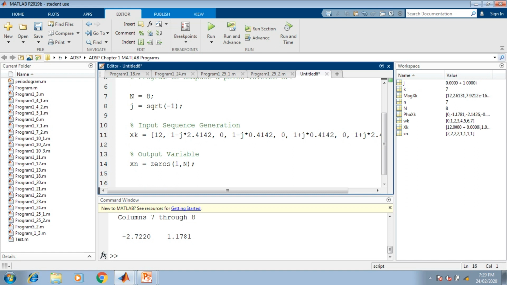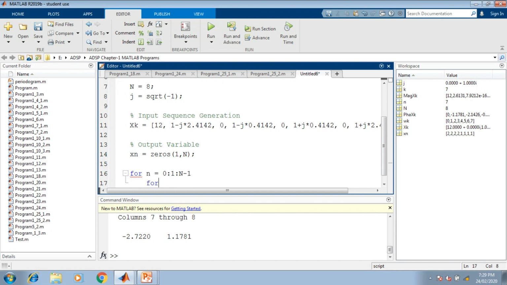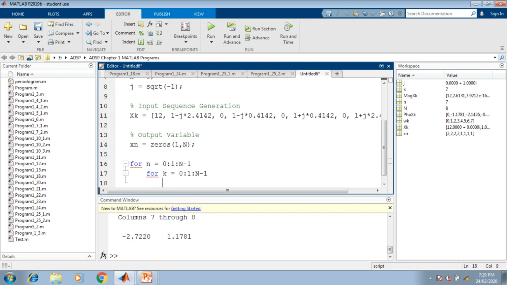For that purpose, as we have done for the direct Fourier transform DFT, we have for loops. We have the intermediate variable n that is initiated at 0 with the interval of 1 up to capital N minus 1. We nest another for loop inside where we have small k initiated again at 0 with intervals of 1 up to capital N minus 1. Here xn can be computed.